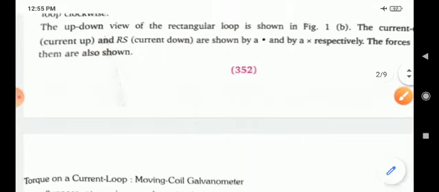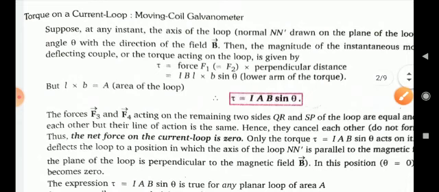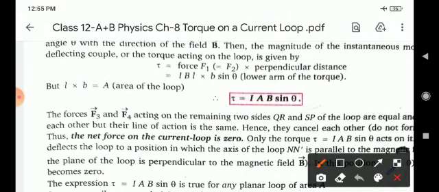So on putting the value of F1, F2 and b sin theta in this equation, that is IBL into small b sin theta. Listen children, we know the formula of area, that is length into breadth, is equal to A, the area of the loop. Torque is equal to IAB sin theta.